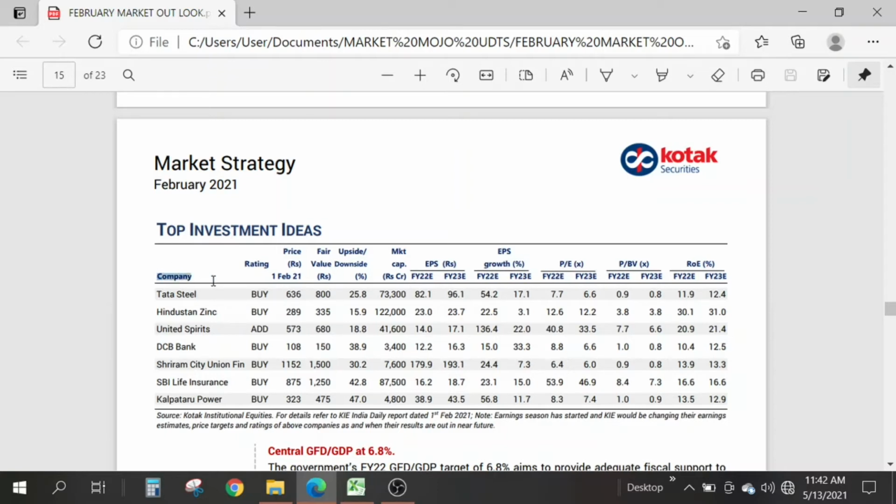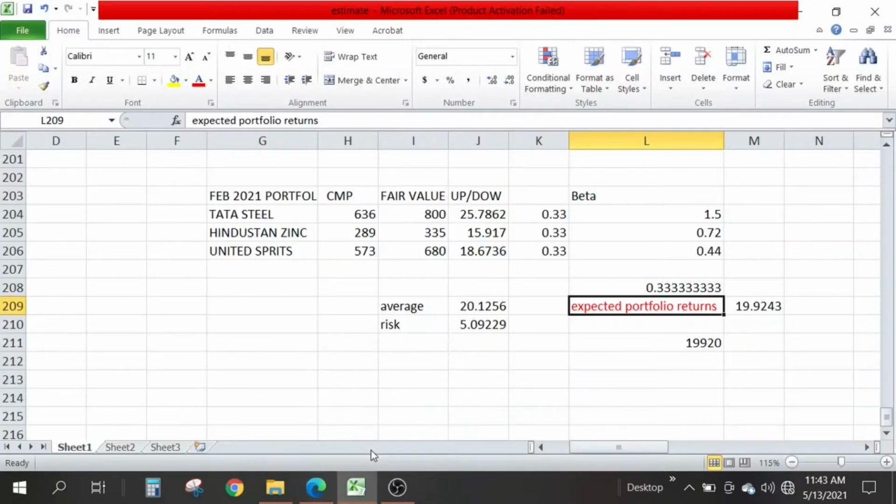What you need to do is copy from company till the upside, and take the top 3, or you can choose any 3 from this stock recommendation. Now you open Excel, and I have already noted down over here.